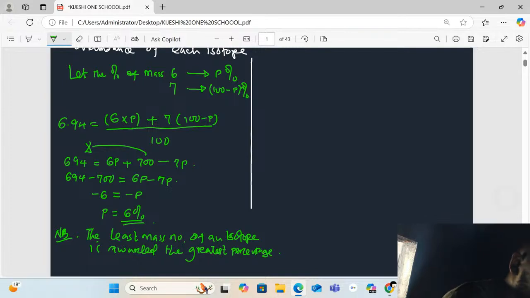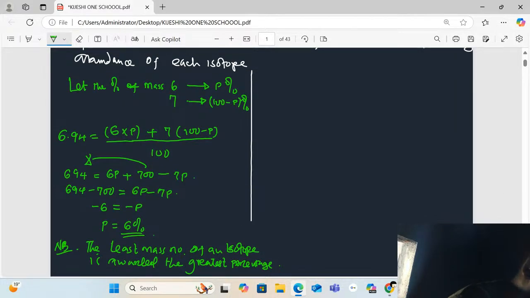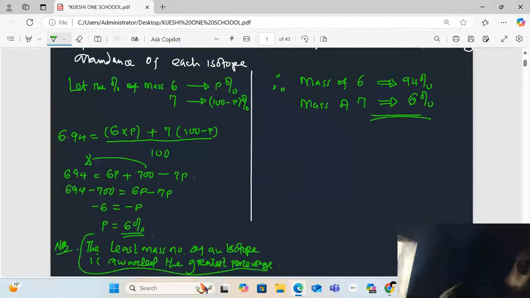So from this case, we say that therefore, the mass of 6 will be given the greatest percentage, which is 94%, and the mass of 7 will be given the least percentage, 6%.